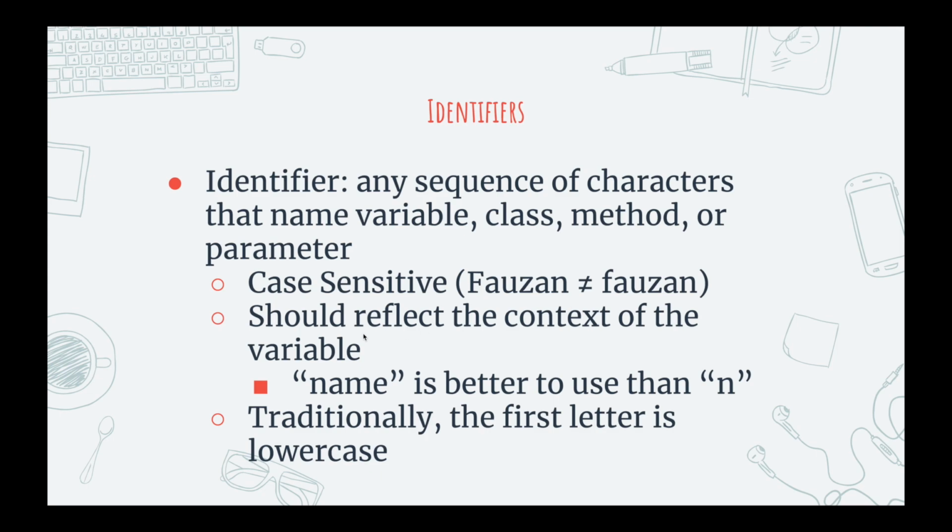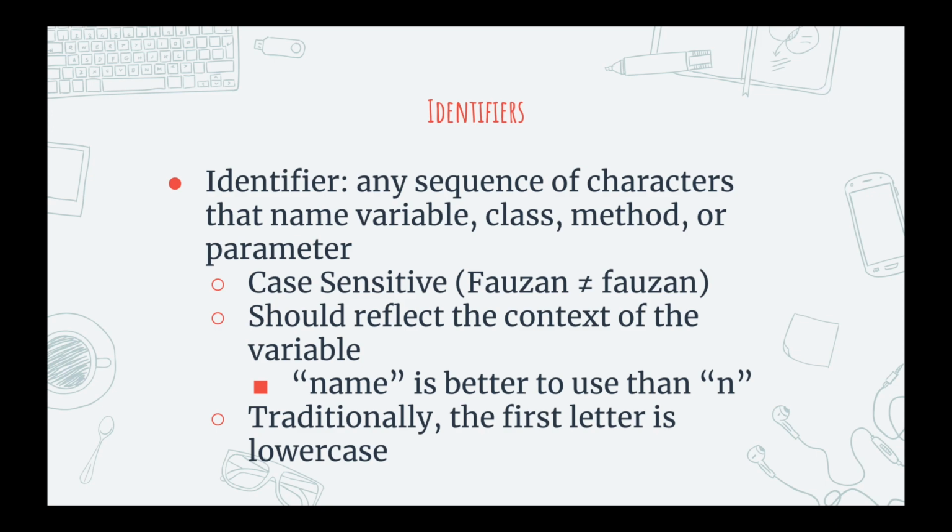Usually the identifier should reflect the context of our variable. So when we're listing out our identifier, let's say we want to store my name or someone else's name. Most programmers would agree that utilizing the name identifier is a lot of times better than utilizing just n for our identifier, because although n is kind of cute and pretty simple to program, you don't really get the context.